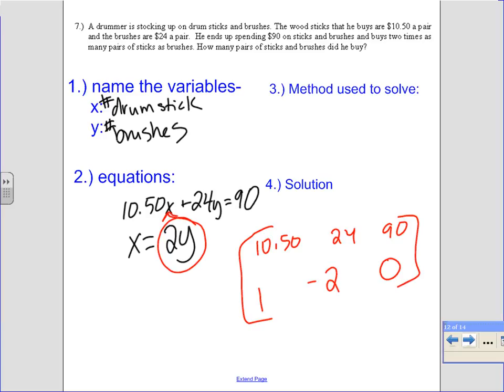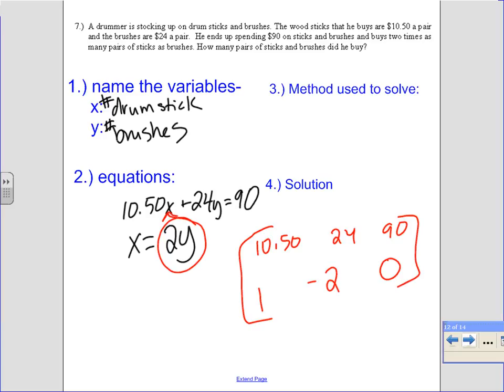You should get nice answers for these. So you can use either way. If you're solving using a matrix, go ahead and finish up what you're doing. If you're using substitution, go ahead as well. And I'm going to have you guys tell me what you got in a second. Are you trying substitution?